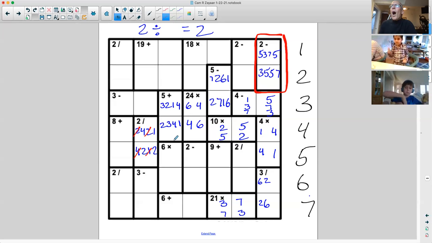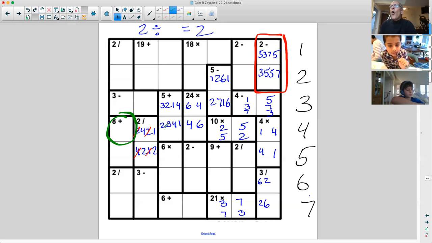Now, what do you think we can do with this one here? Guess what, guys? We're out of time. But boys, do you know what number goes in that square? 4 and 4. But we can't do that since that's the same.